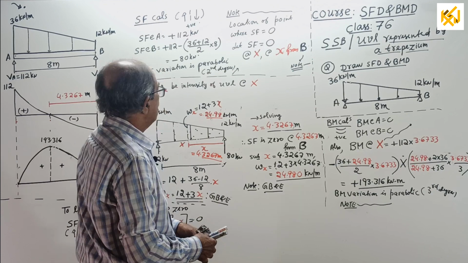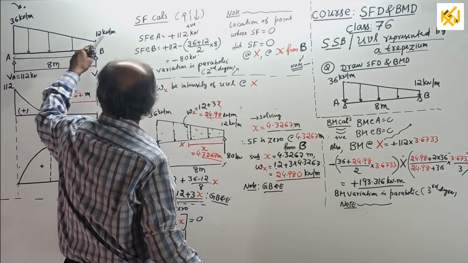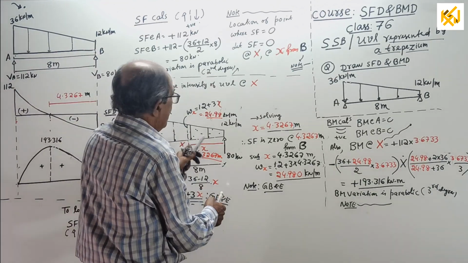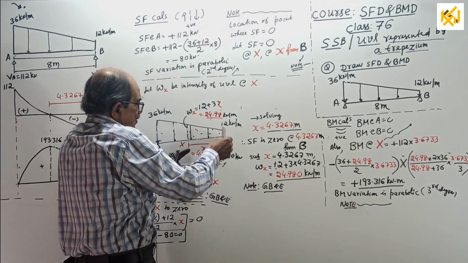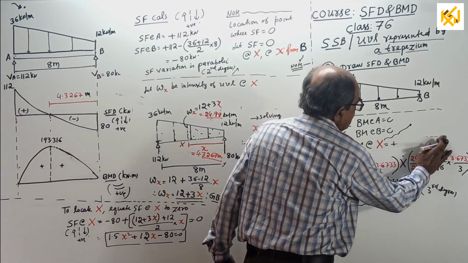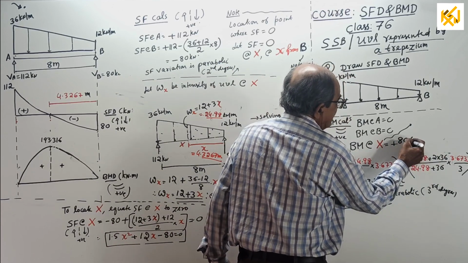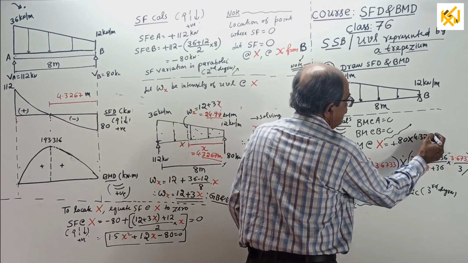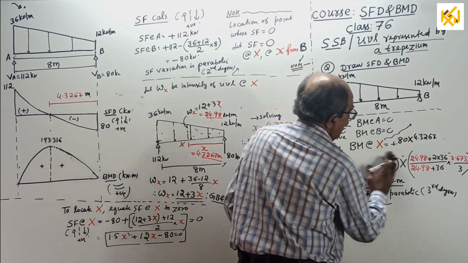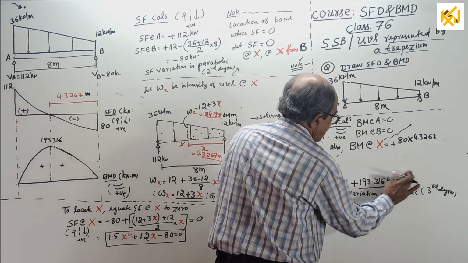Lastly, BM calculation. BM at A is 0, BM at B is 0. Now BM at this point x equal to 4.3267, you have to look at this side, 80 into x. It will become 80 into 4.3267. Then all this will go, but this will remain.